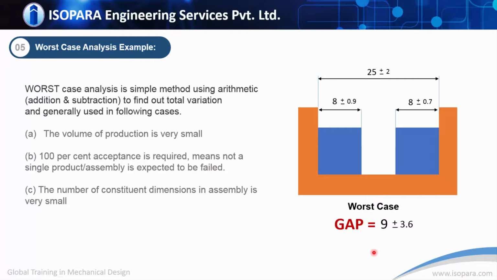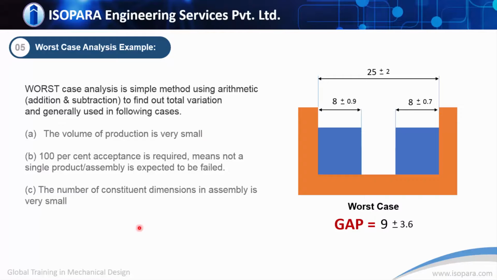The worst case method is used in cases such as when the volume of production is small. It is also used when 100% acceptance of the final product is desired, meaning not even a single assembly is expected to fail.